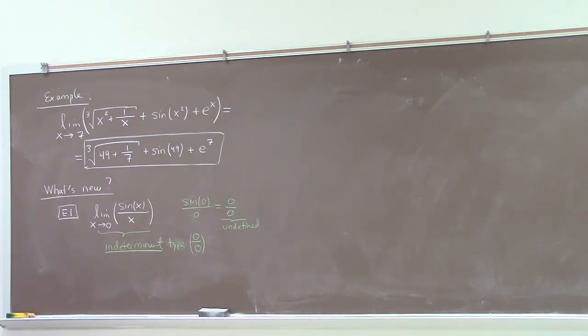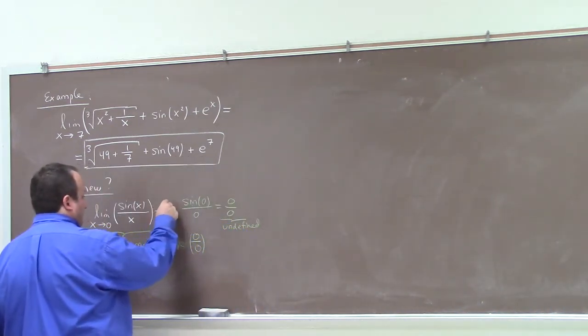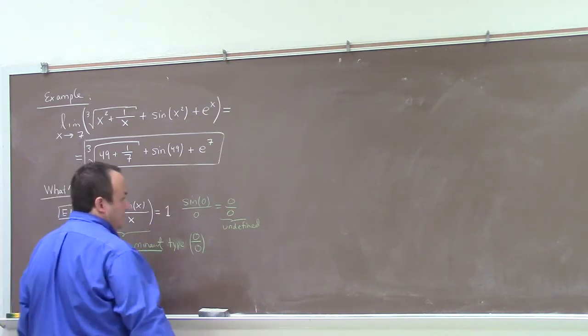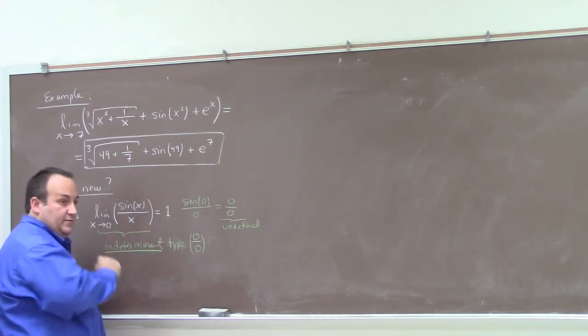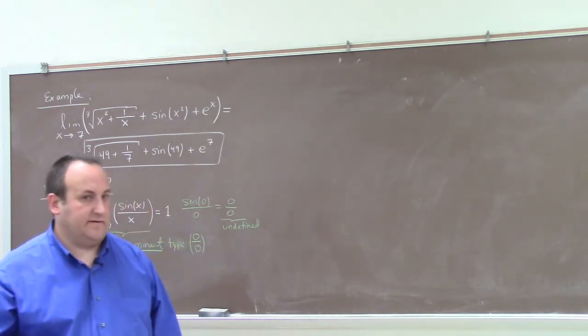And that's how I know, numerically, not a proof, mind you, that the limit of sine x over x is equal to 1. Turns out it's equal to 1. I will give you an ironclad proof of this later, all right, but not today.